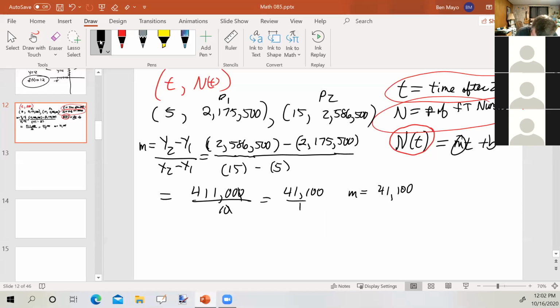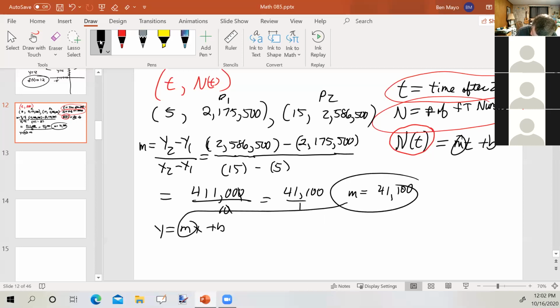So now using y equals mx plus b, the slope's going to go in there. I'm going to get y equals 41,100x plus b. Technically, we're using t and N of t, but I'm going to think of them in terms of x and y. So x is going to go there, and y is going to go there.